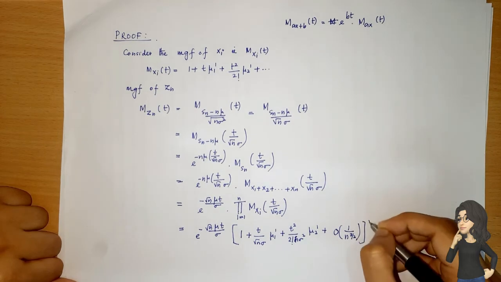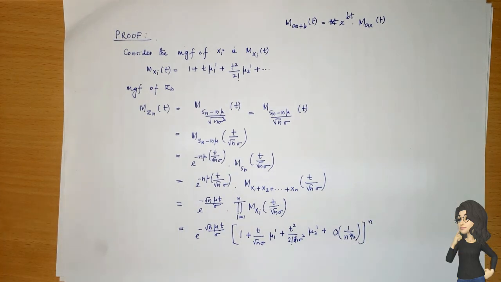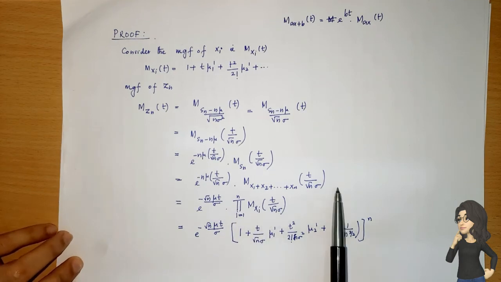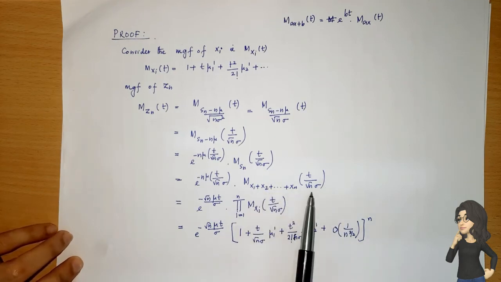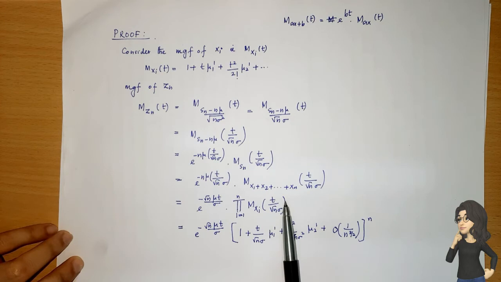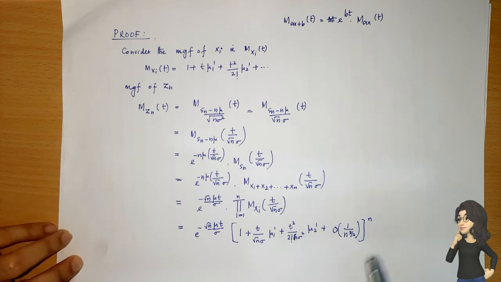whole power n. Why? Because we have this product and we know since X1, X2, etc. are independent, we can write this as product i equal to 1 to n of M_{Xi} of this thing. And since this is identical for all, this M_{Xi}(t by root n sigma), we can write it as this raised to n. That is why we have a power n here.